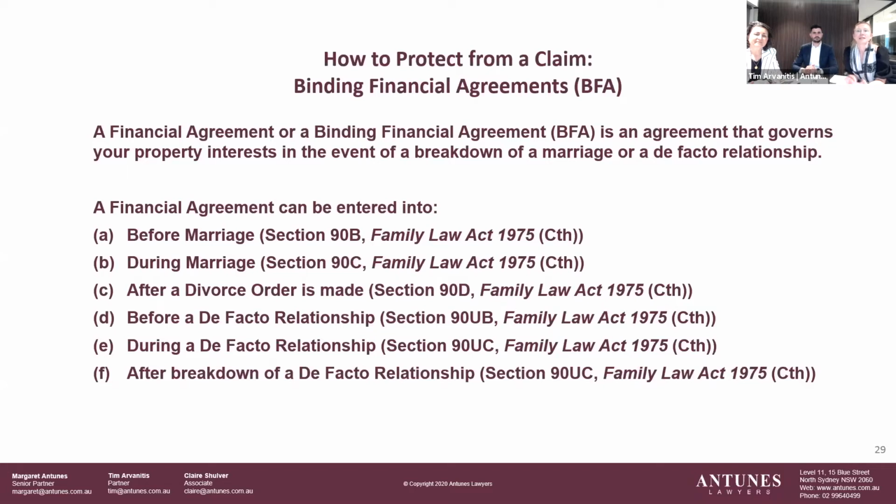You can enter into these agreements at any time in your relationship, before, during, or after a relationship. And what this document does is set out what you and your partner want to do with the assets when you separate. These documents only work and are only binding if you do them correctly.